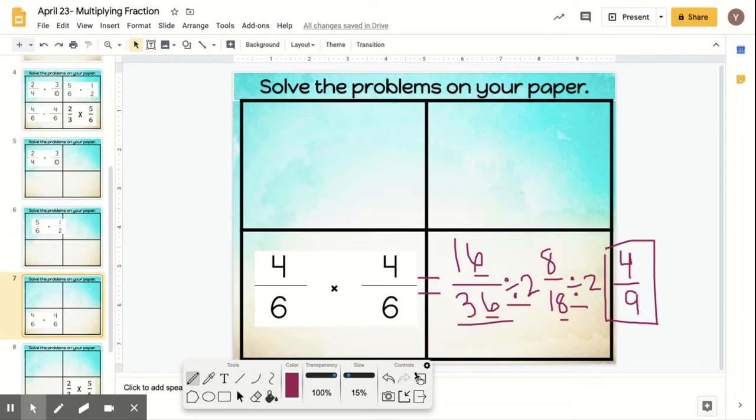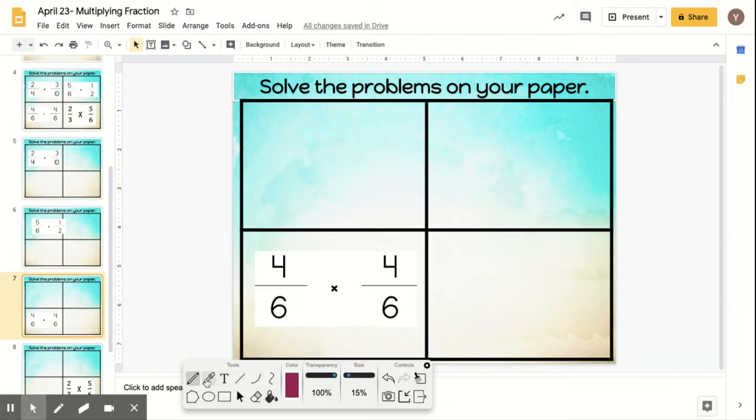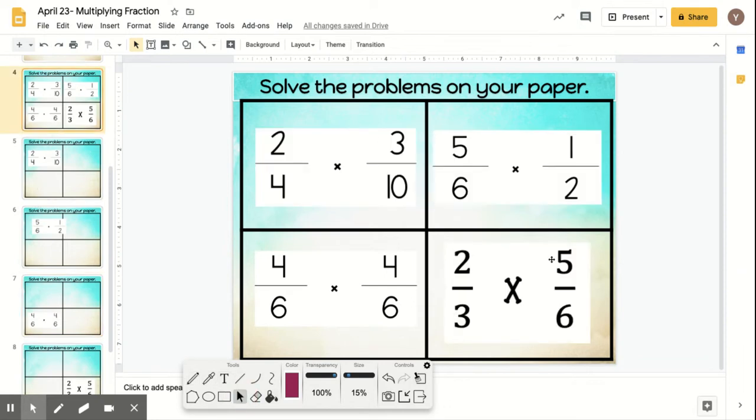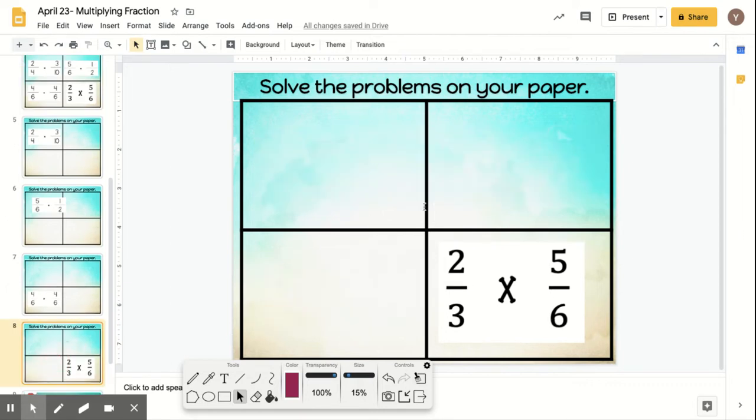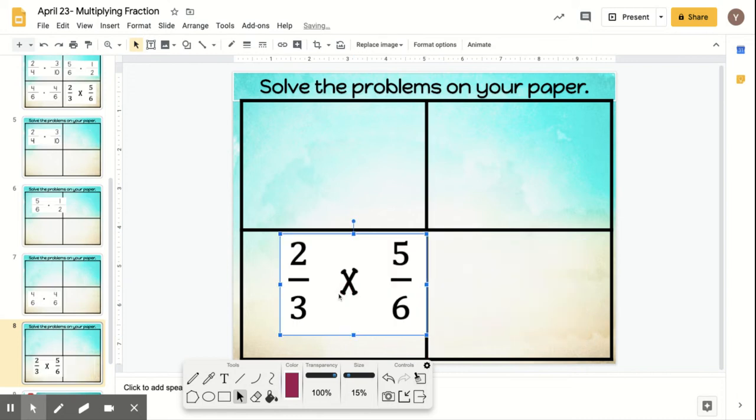Now, our last problem that we had to solve was 2/3 times 5/6. So I'm going to solve this. 2 times 5 is 10. I did numerator times numerator. And then 3 times 6 is 18.